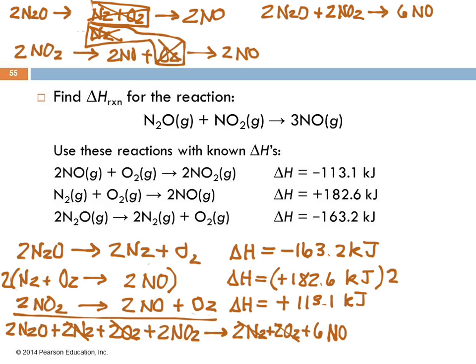And so I just get out my calculator, and I've got negative 163.2 plus 2 times 182.6 plus 113.1 equals. So delta H for this reaction as written is 315.1 kilojoules.